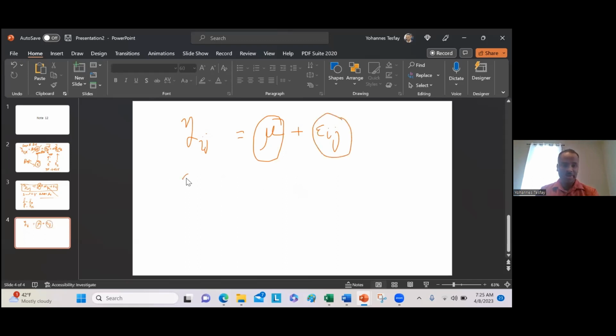So error ij is equal to y ij minus the mean. This is a value.